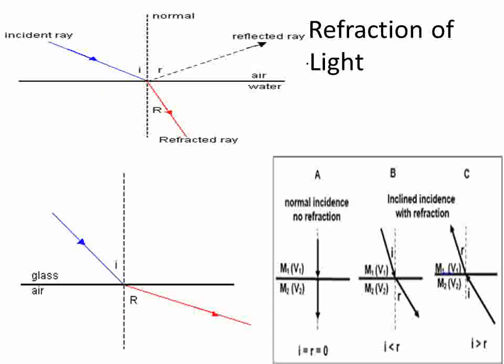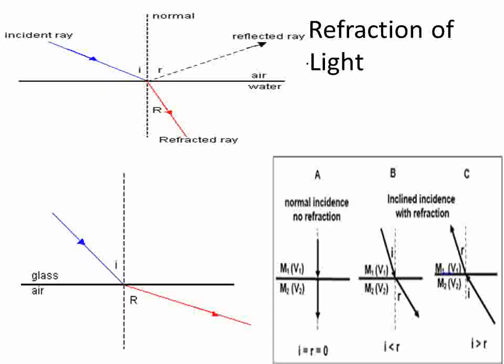That is, angle of incidence I is less than angle of refraction R. It means the second medium M2 is a rarer medium, just like diagram 2 when the ray is coming from glass to air.